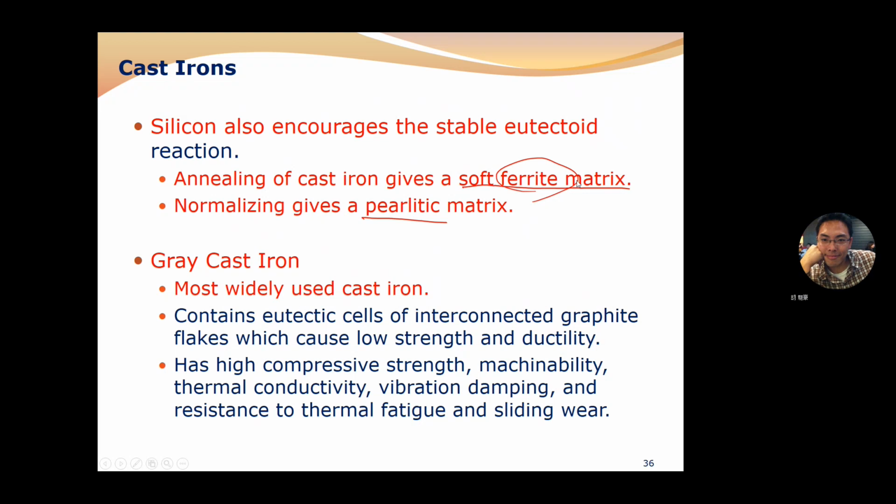The engine block needs high thermal conductivity, because when the piston moves, it's a cyclic movement, which will produce very high heat, and it needs to resist sliding wear.